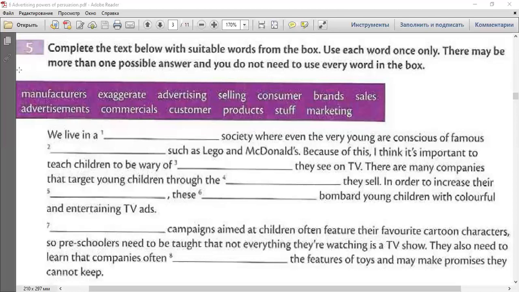Okay, advertising campaigns, or you can also say marketing campaigns. Advertising campaigns or marketing campaigns aimed at children often feature their favorite cartoon characters, so preschoolers need to be taught that not everything they're watching is a TV show. They also need to learn that companies often, what do they do? Yes, exaggerate the features of toys and may make promises they cannot keep.